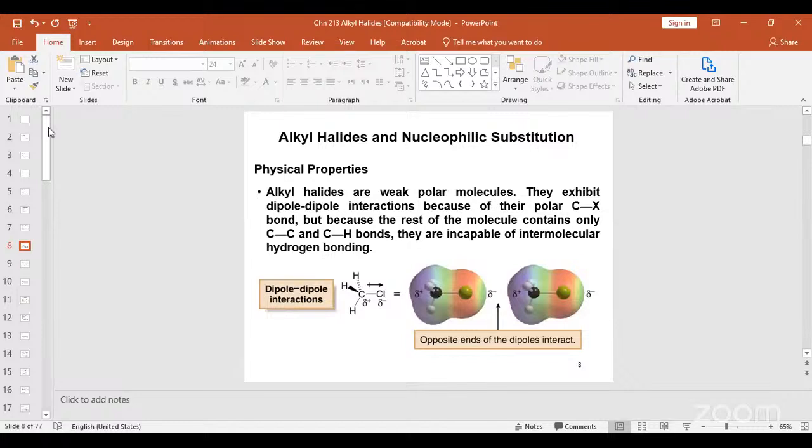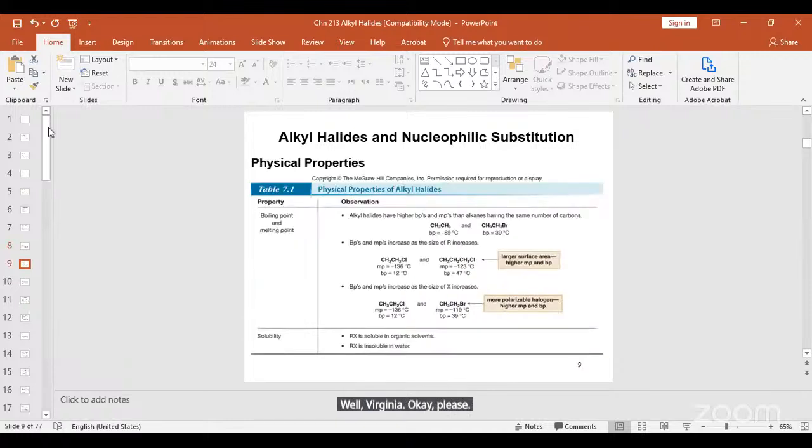So the dipole-dipole movement is there, and that's what is responsible for the majority of the reactions. It is relatively reactive compared to other alkanes. Physical properties.